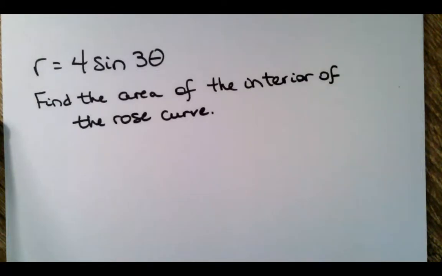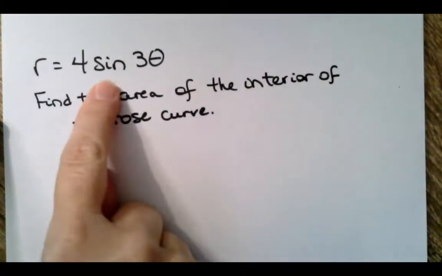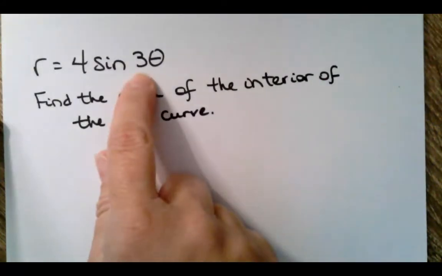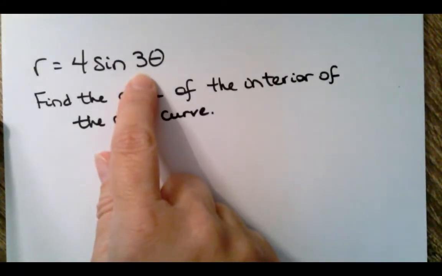Now I'm going to do one final example, and this is the same r that we looked at before, but this time I want the area of all the interior of the curve. This is where it's really important to understand how these graphs work. If you remember, whenever the coefficient on our theta was odd, then the number of petals on the graph is equal to that number, 3.